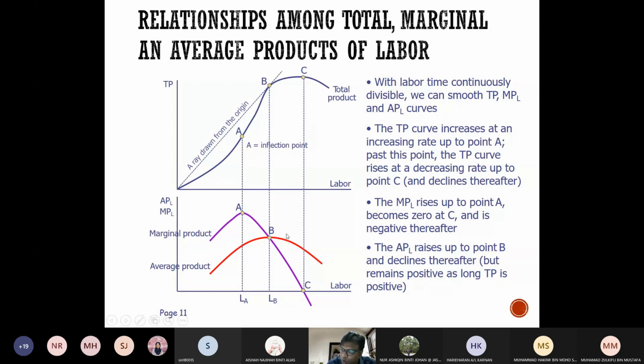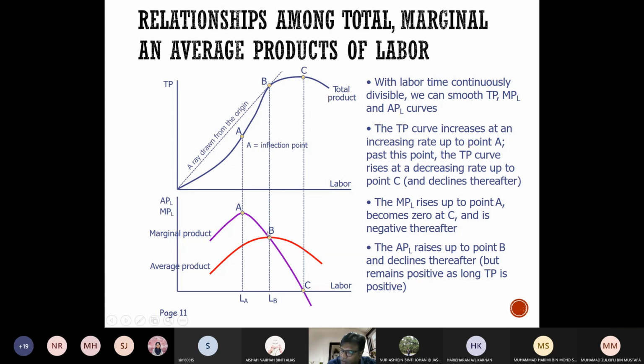As you can see in the second graph, the marginal product, the one in purple, rises up to point A. The marginal product is increasing up to point A, and it reaches 0 when it reaches the bottom.